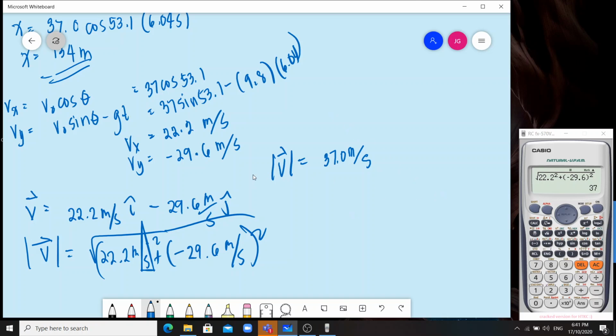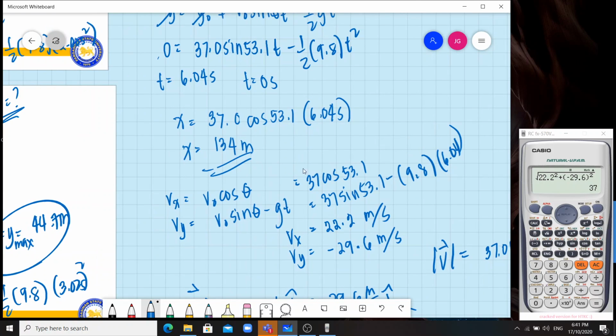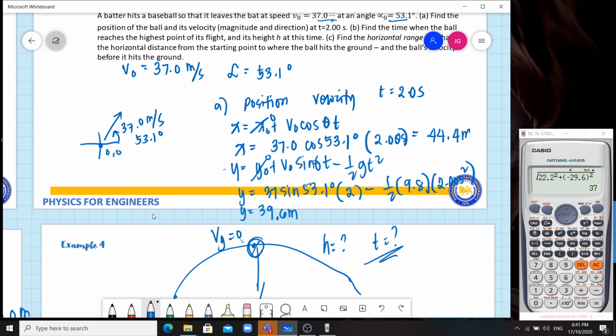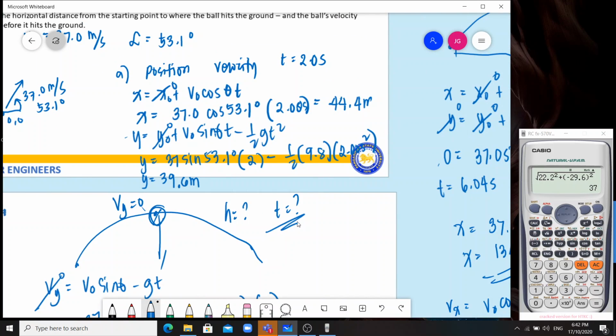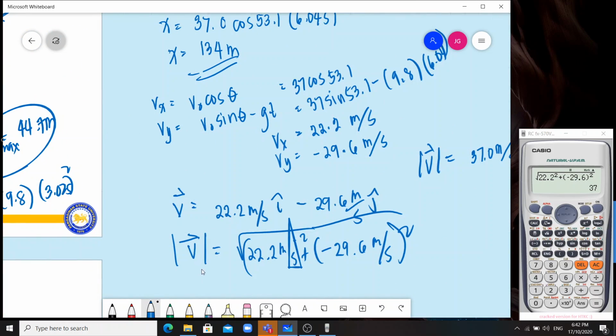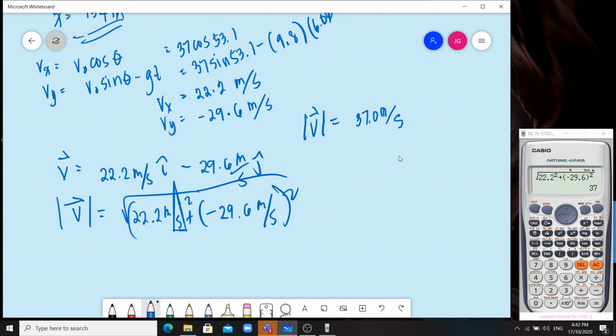So, tingnan natin. Tama ba? Ano bang tinatanong? What was the question? Ball's velocity before it hits the ground. Okay. So, ayan. So, ang velocity niya before it hits the ground ay nasa around 37 meters per second pa din.